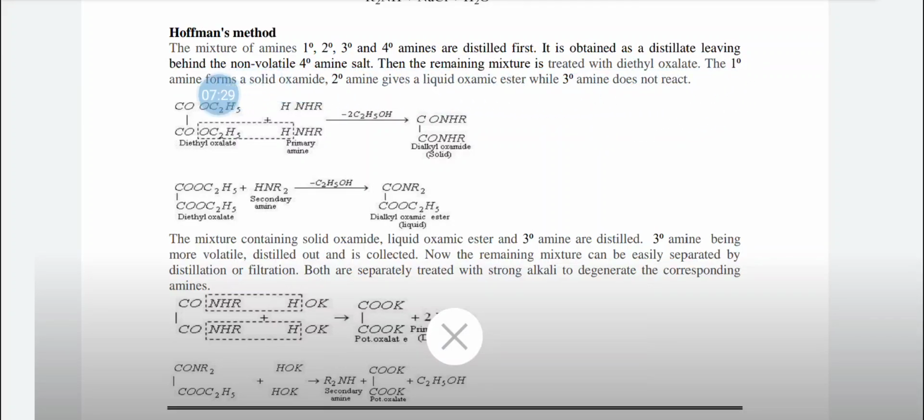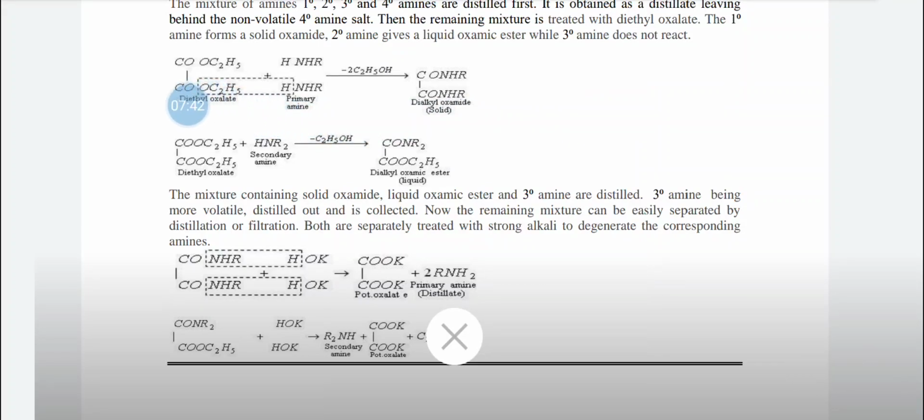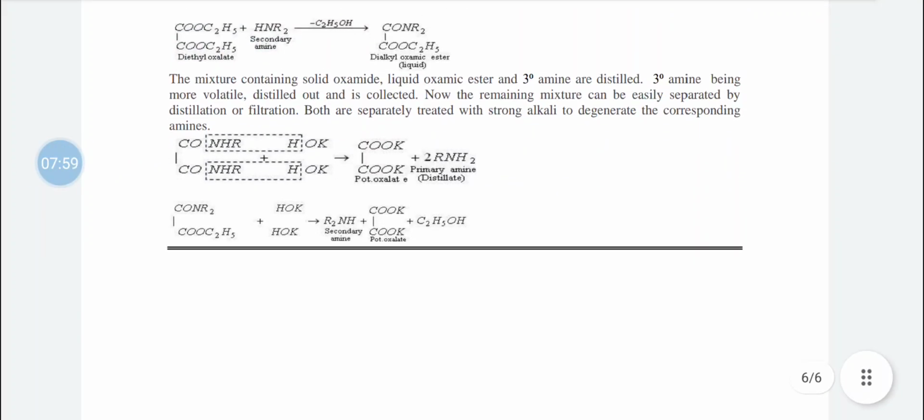For primary amine we will get oxamide, which is a solid. For secondary amine, oxamic ester, which is a liquid, and tertiary amine will not react with the diethyl oxalate. So the reaction is as follows. When 2 molecules of primary amine are treated with diethyl oxalate, it will be converted into dialkyl oxamide, which is a solid, and secondary amine is converted into diethyl oxamic ester, which is a liquid, and tertiary amine will not react.